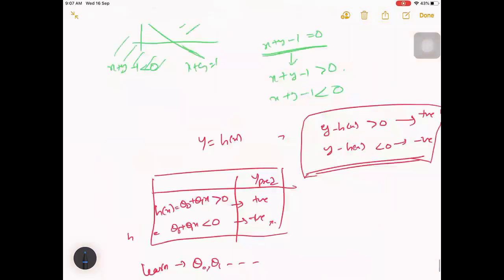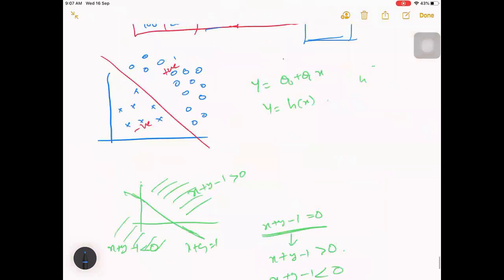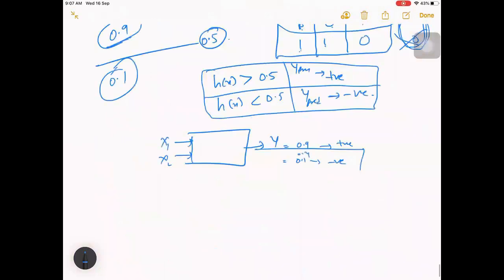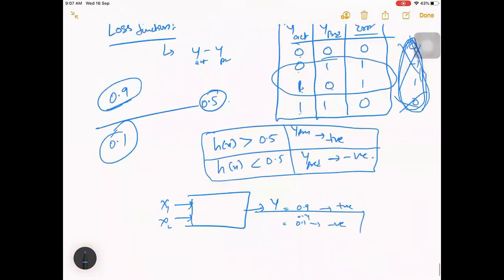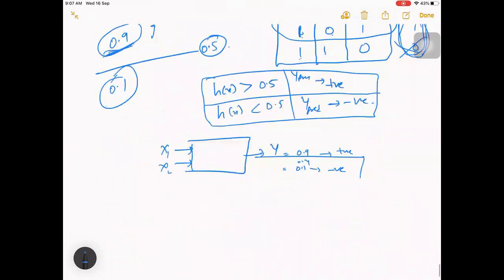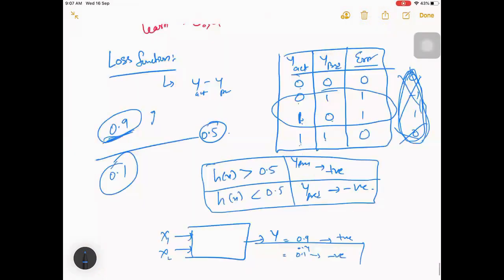Till now we had this introduction. Now how can we capture that confidence, like having higher or lower confidence? One thing we can do, if it is towards 1, let's draw it. This is something like XOR.